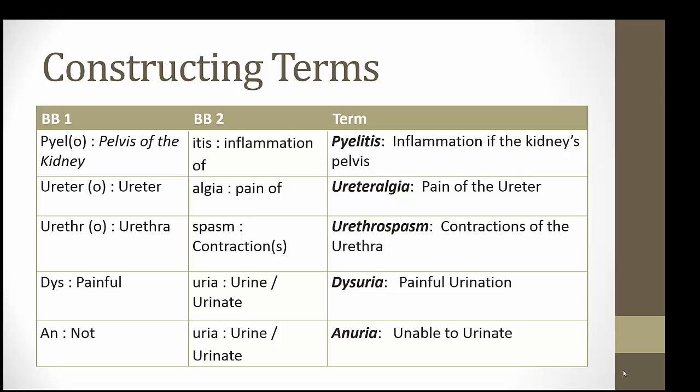Finally, we'll look at the prefix an, meaning not. Let's combine that with the root uria, meaning urine or to urinate, and we form a new word, anuria, unable to urinate.